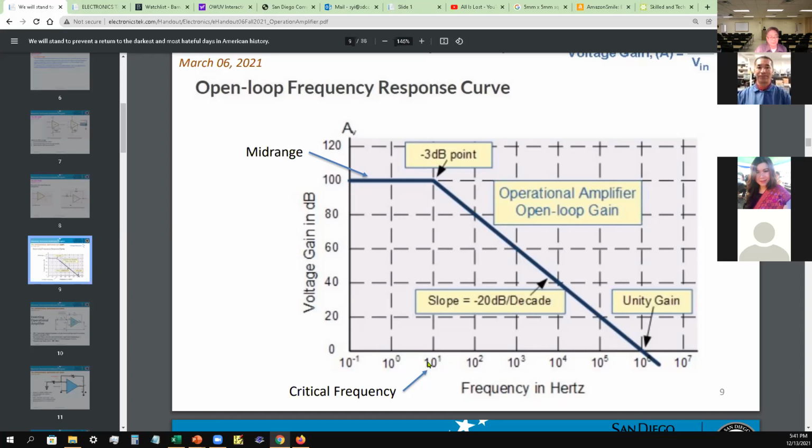Now you want 1 kilohertz, 10 kilohertz or more. That means the gain has to be reduced here and you get more frequency. You reduce it more here, you get more frequency.